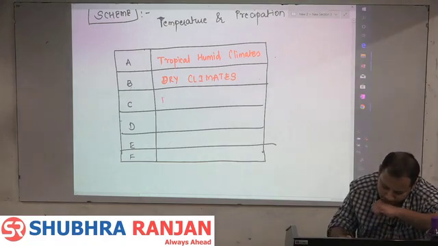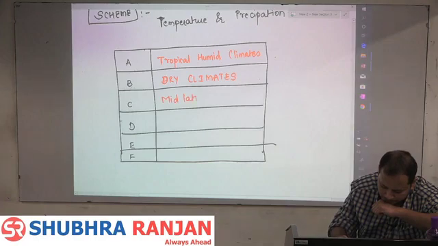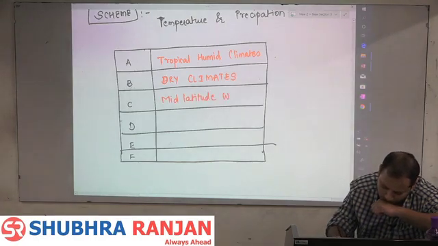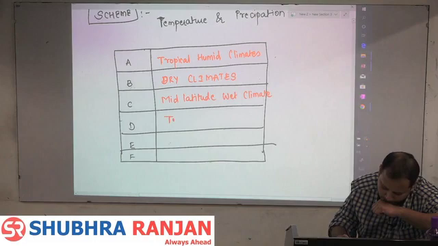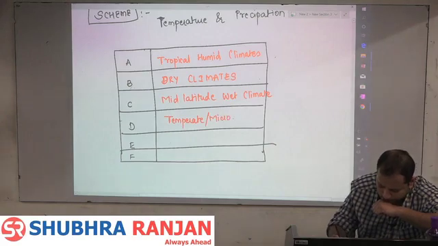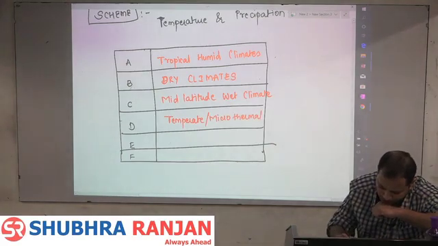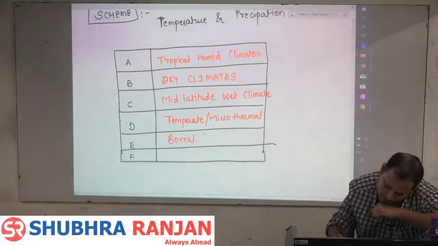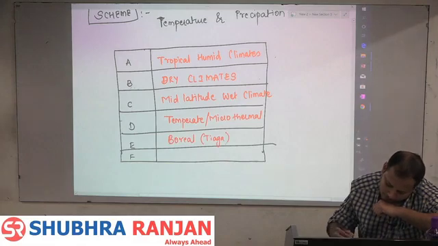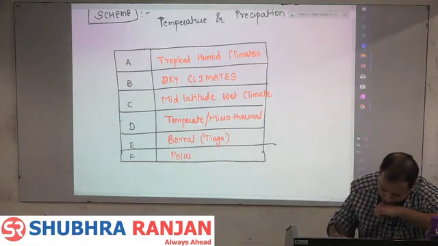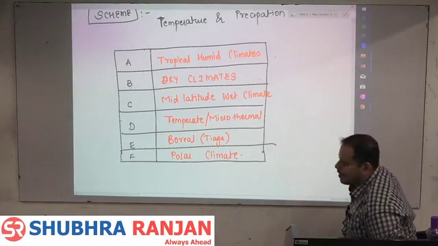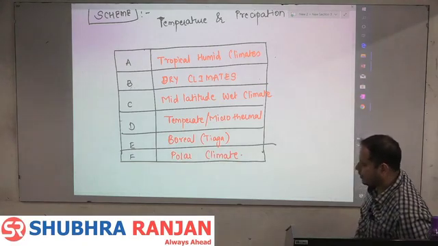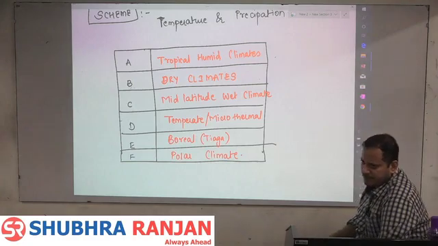Similar to Köppen. Right? A, B, C, D, E, F. इसमें one extra is there, F. That is the polar climate.